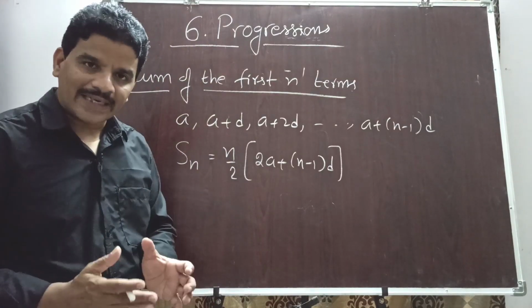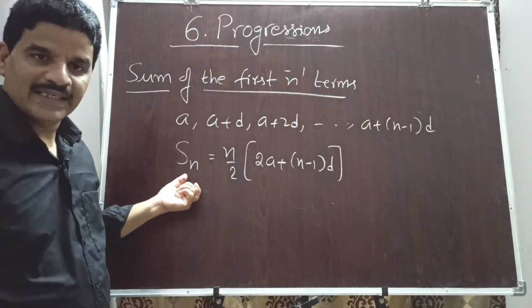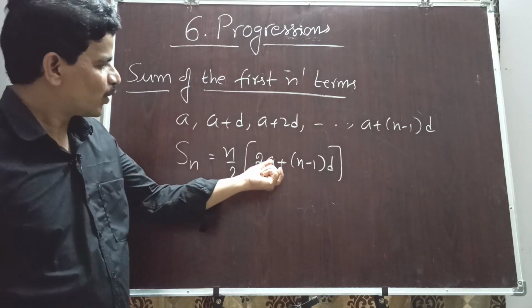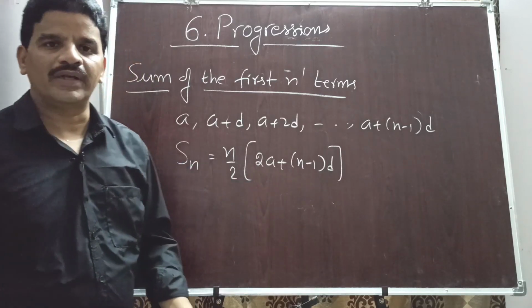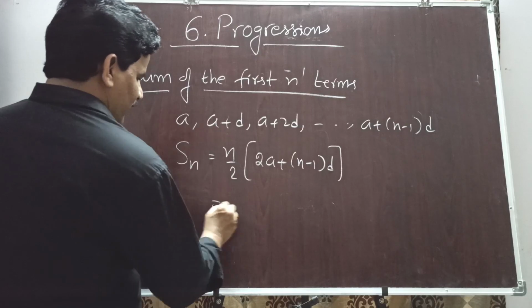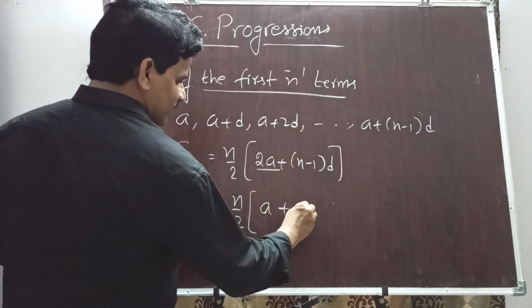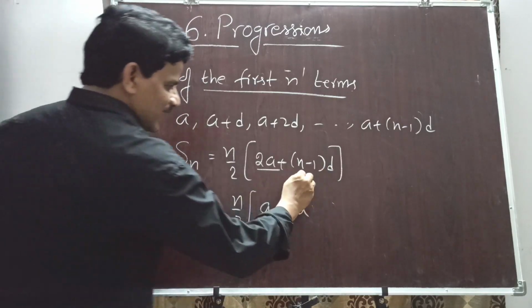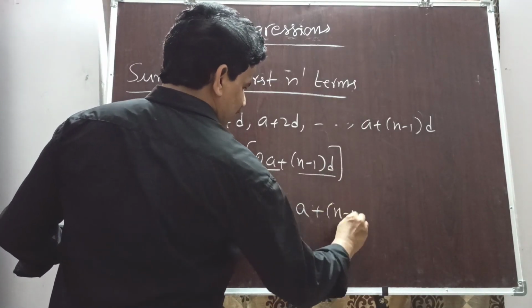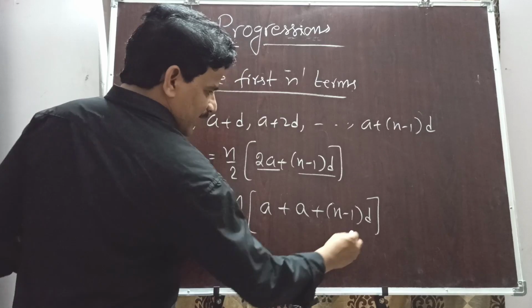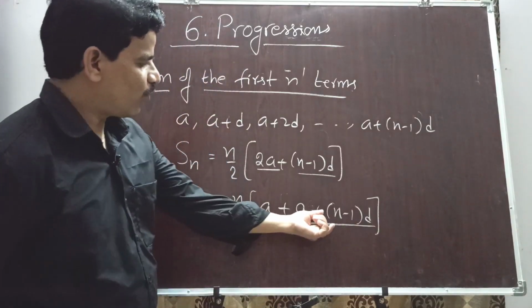The sum of the first n terms, Sn, is given by n by 2 into 2a plus n minus 1 into d. Now this can be simplified. We can write it like this also. 2a can be written as a plus a, and what is left? n minus 1 into d. So what is a plus n minus 1 into d?